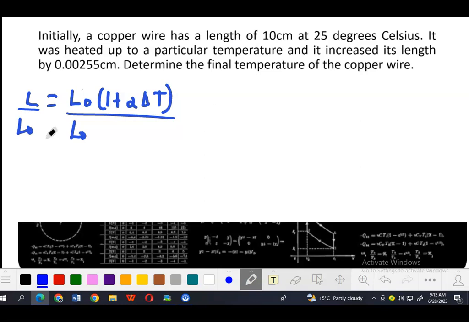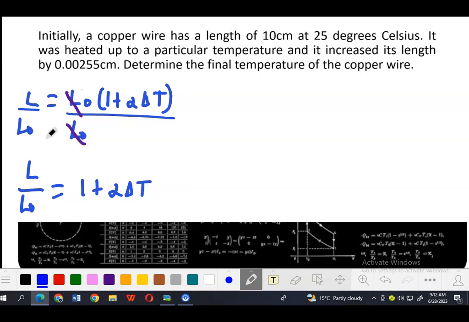You will observe that this L0 will cancel with this L0, so that what we are going to have now is L over L0, and this is equal to 1 plus alpha delta T, where delta T is the change in temperature.